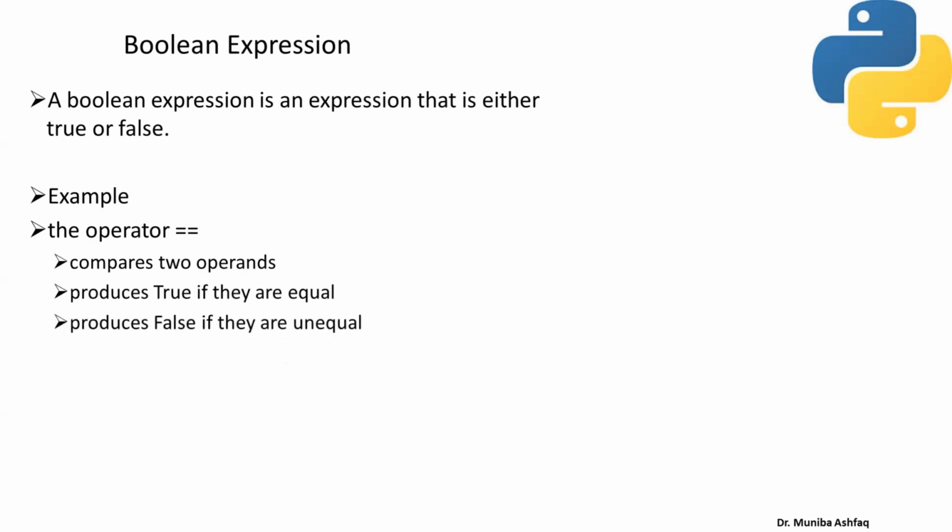So whenever you see this double equal sign, it is basically used to check the left hand side and the right hand side, whether these two sides are equal or not. These are the operands, and the double equal sign is the comparison operator which operates on these operands and compares them to check whether they are equal or not.